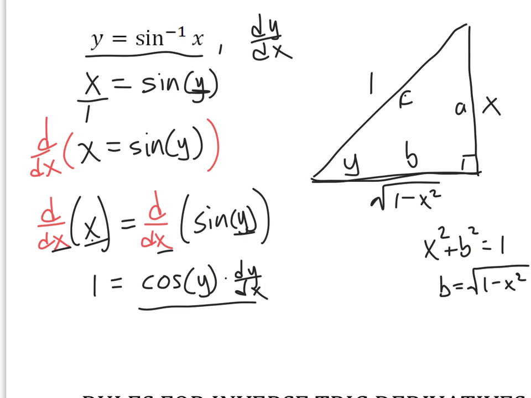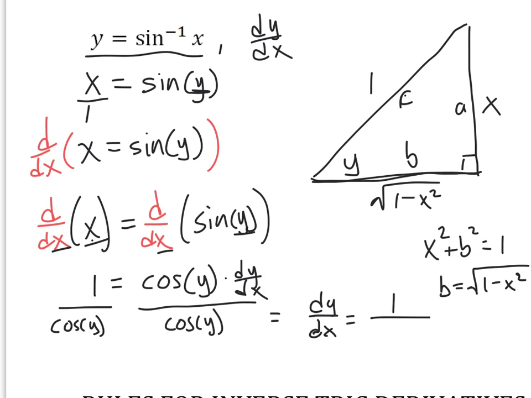Then I can divide everything by cosine of y. And so I get that the derivative of y with respect to x is equal to 1 over cosine of y. Well, let's think about something. What is cosine of y? That would be my adjacent side divided by my hypotenuse.